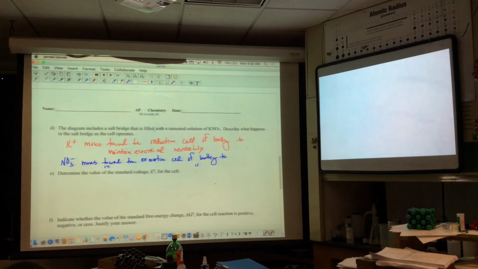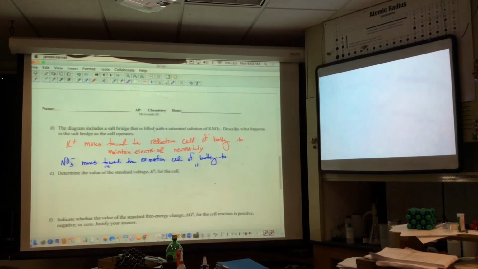It allows ions to flow, but specifically the K plus. Sometimes we'll say draw the movement. Okay? Pretty simple stuff.